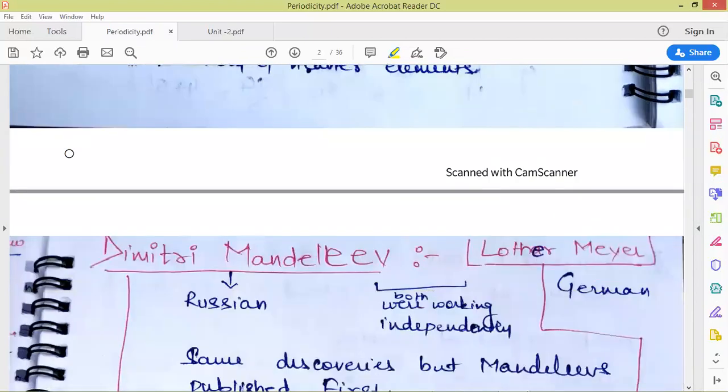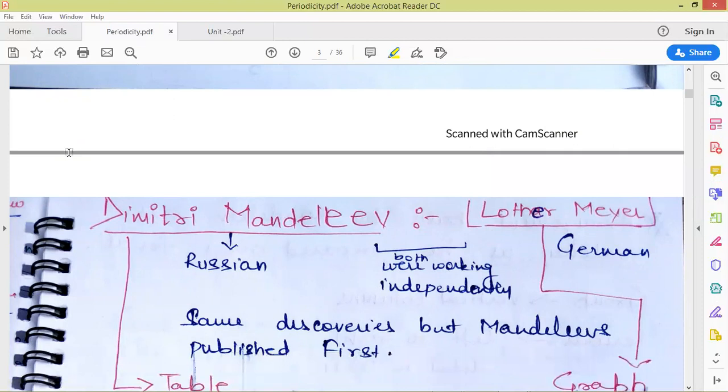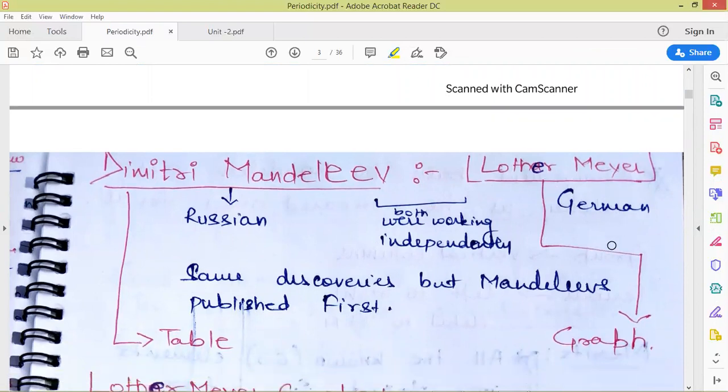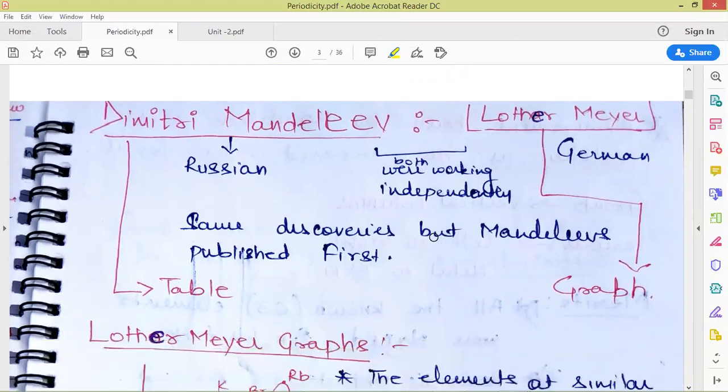Next came the scientists Dmitri Mendeleev and Lothar Meyer. These were two great scientists who were working individually. Dmitri Mendeleev was from Russia, and Lothar Meyer was a German scientist. They were both working independently on the same thing, that is, how to arrange the elements in the form of a periodic table.